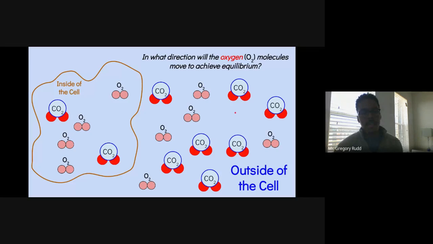So what we're seeing here is that we can never quite be equal. What's going to happen is that this oxygen is going to have to keep jumping back and forth. This is a phenomenon called dynamic equilibrium. The word dynamic means changing or moving.